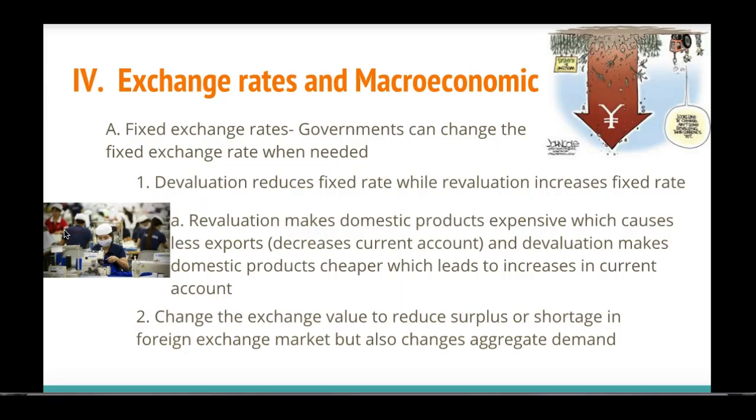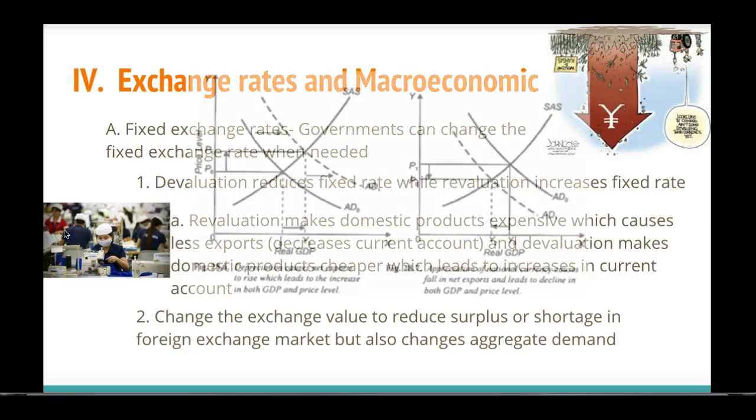So if we have revaluation and the exports go down, what happens to our aggregate demand? Our aggregate demand will decrease. Whereas if we have devaluation, which means that our exports will increase, that means that our aggregate demand will increase.